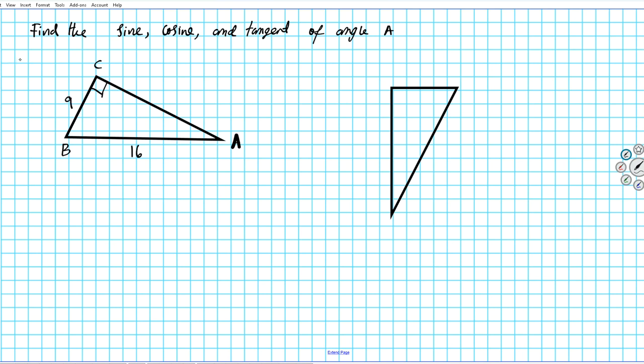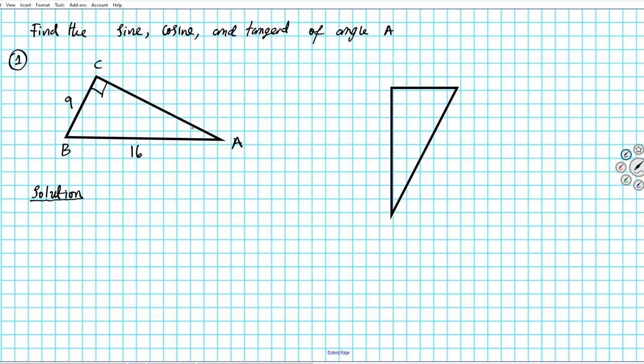For question 1, we want to find the sine, cosine, and tangent for this triangle. In order to find the sine, cosine, and tangent, we need to have all three sides. But if we take a look at the situation that we're dealing with, we have only two sides.